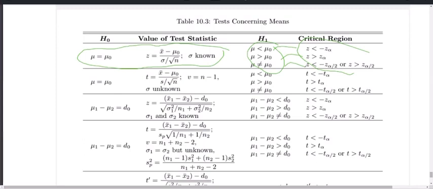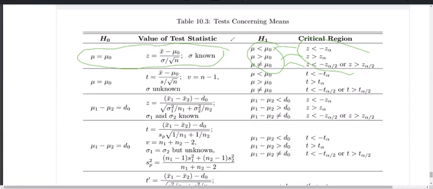Now, somebody said, let me check, a message came in. Somebody asked whether the sample size has to be bigger than 30. Now, this is the situation. When the population standard deviation is given, irrespective of the sample size, you can make use of Z. There's no problem.